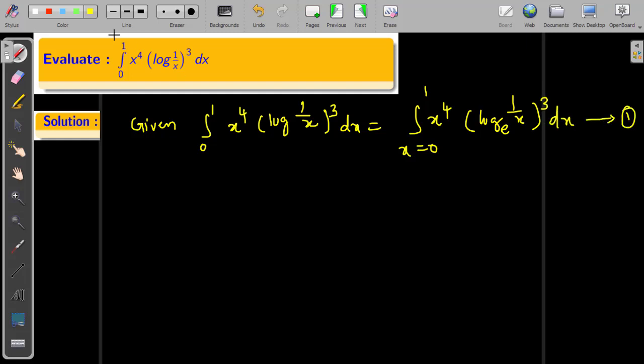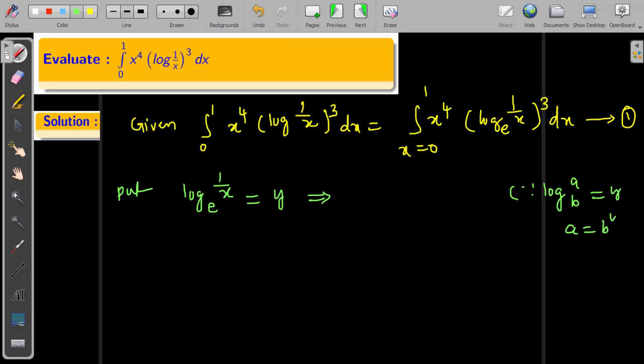After that we will go for substitution. Put log 1 by x to the base e equal to y, a variable y. From this, we have a rule in logarithms: log a to the base b equals y means a equals b power y, if and only if.